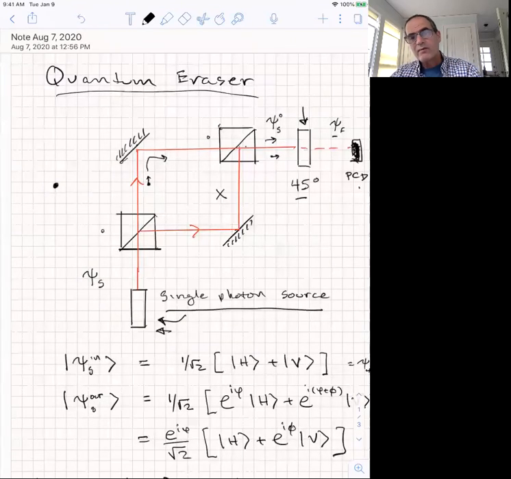That's saying that we can get a different result. Either we do see interference on the signal beam path, or we don't see interference on the signal beam path. And the difference will depend on the measurement we do on the idler beam path. So that's really bizarre. It's telling us that a measurement on one particle in an entangled pair, way over there, can affect the results of a measurement on the signal beam photons way over here.